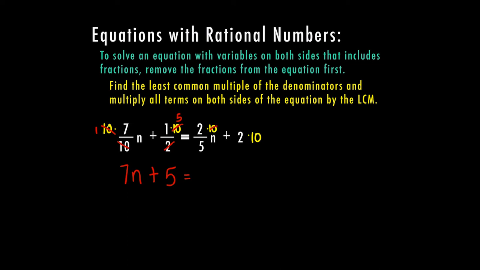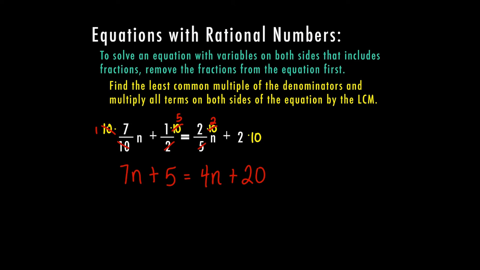That's going to equal 10 divided by 5, which is 2, and 2 times 2 is 4, and again, remember to keep your n, plus 2 times 10. There are no denominators here, so I'm just going to multiply and get 20. So now we have an easy equation with a variable n on both sides.